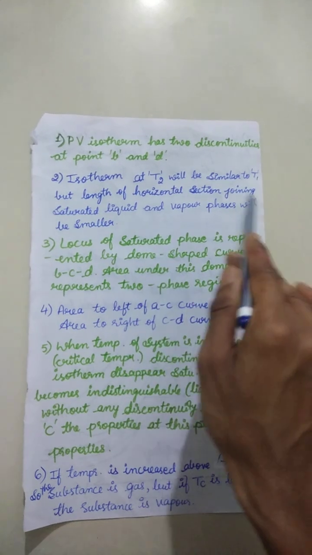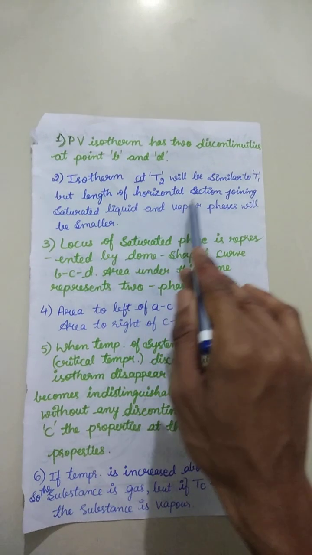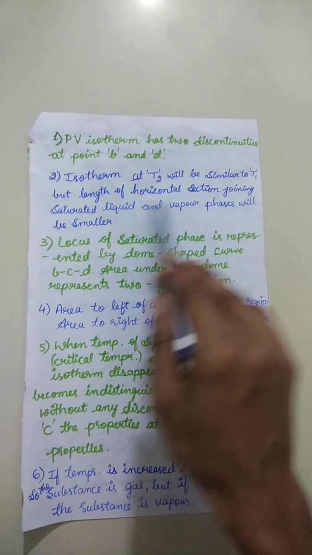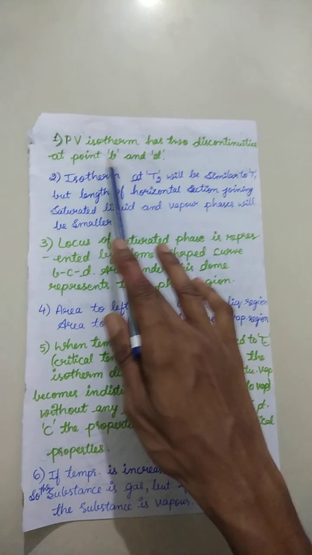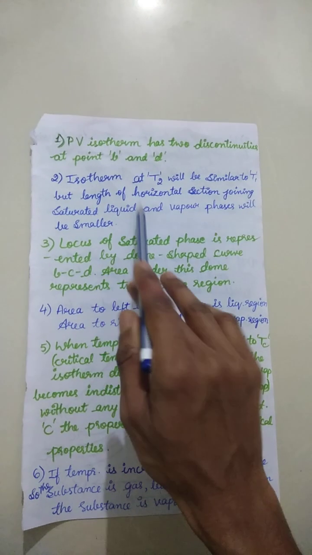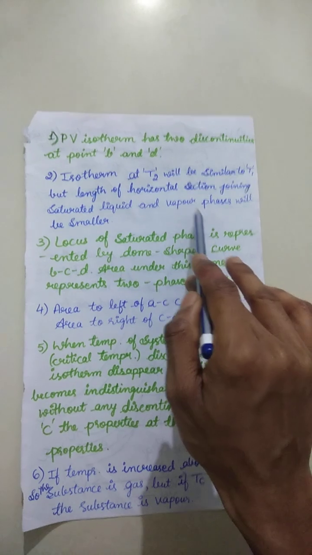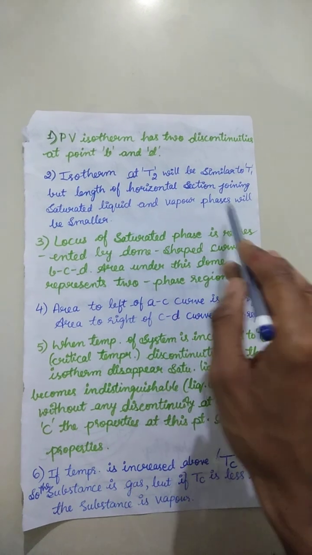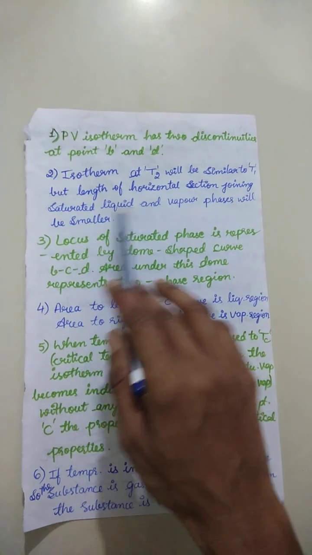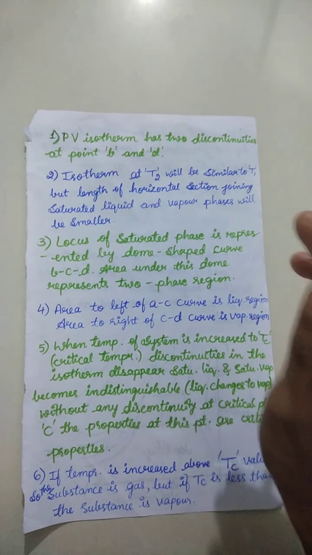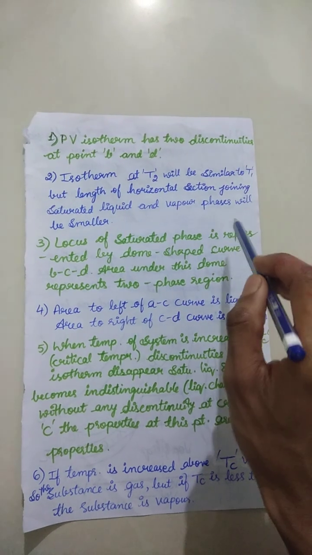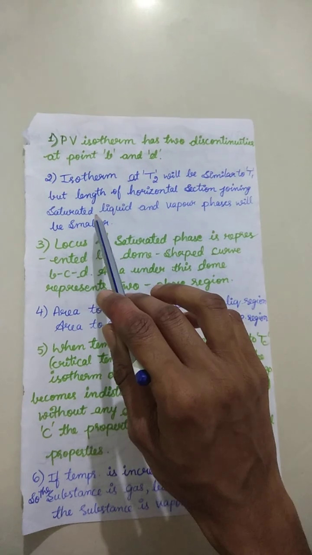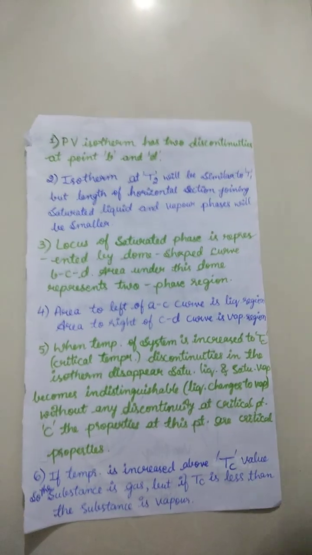The temperature has to be the same. But the length of the horizontal section joining the two points B and D will differ. B is the saturated liquid point, D is the saturated vapor point, and these phases will be in the same region. So the line joining these two points will be smaller.